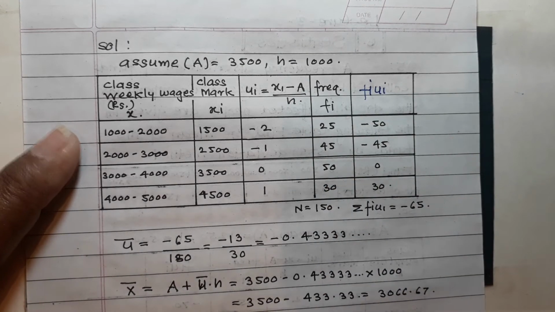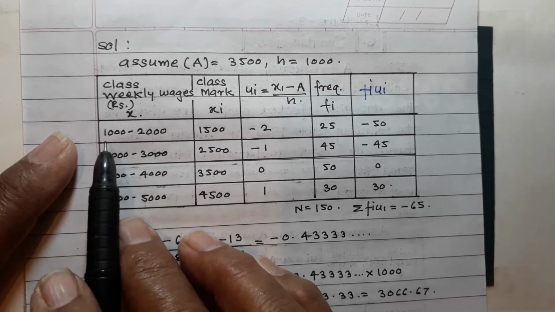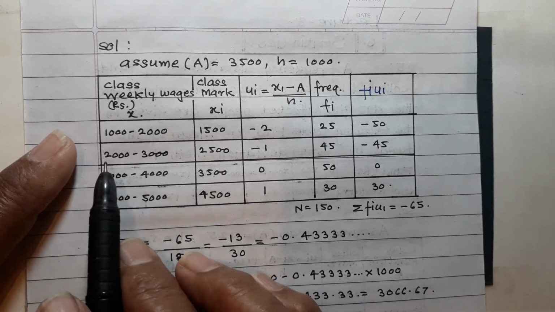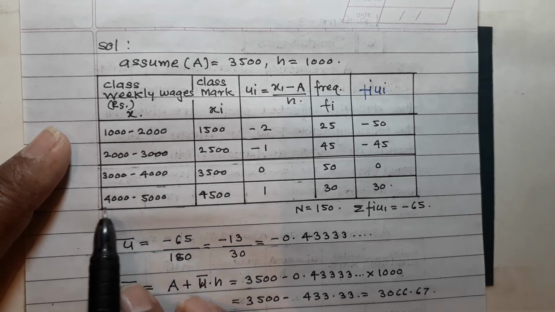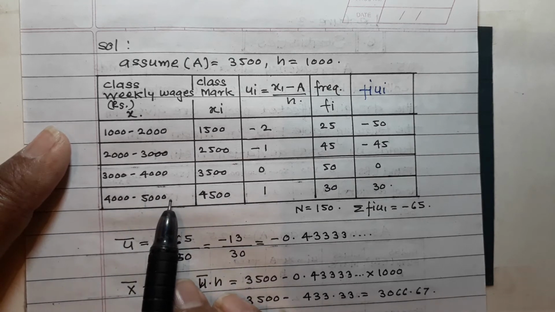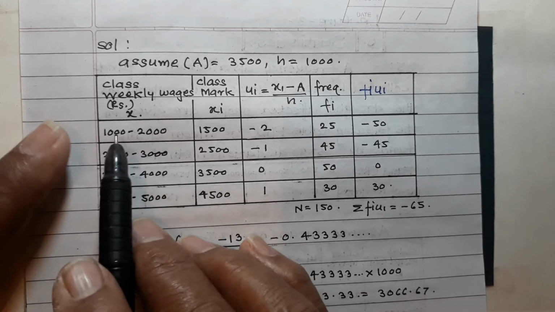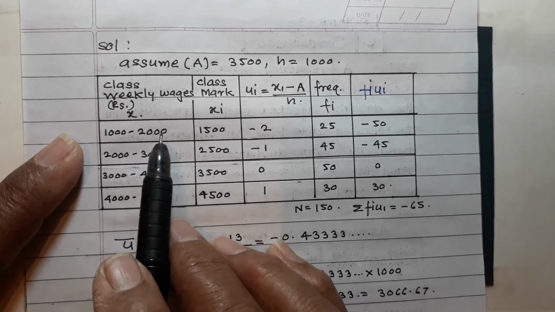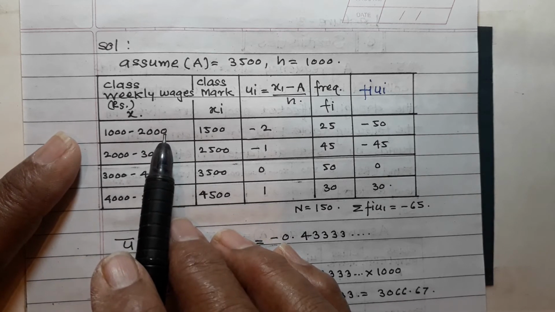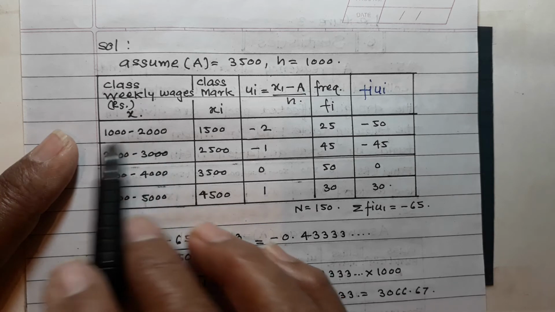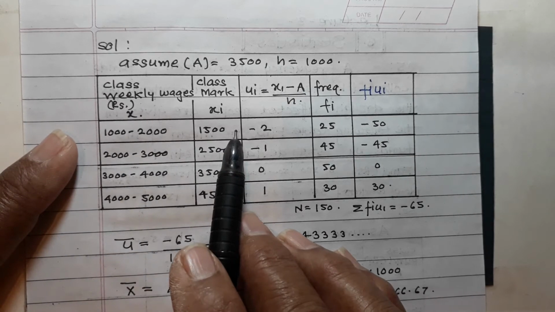Now then, classes: 1000 to 2000, 2000 to 3000, 3000 to 4000, 4000 to 5000. Find the class mark, the center point, of each. So 1000 plus 2000 is equal to 3000, and 3000 divided by 2 is equal to 1500.